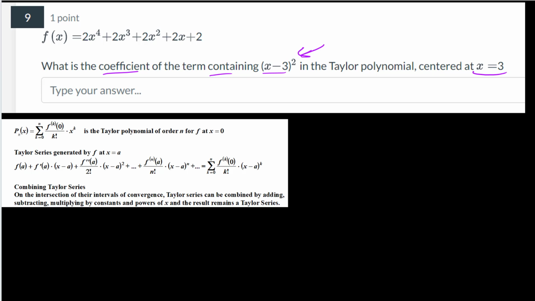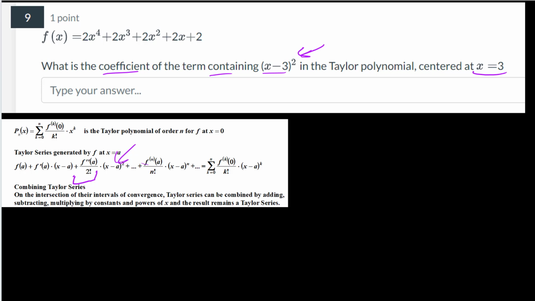All right, so here's the formula from the worksheet on Taylor series. And notice that we want to find this term right here. So that means we have to find the second derivative divided by 2 factorial. We don't have to find all the terms. I'm just asking you for one specific coefficient, the part that's out in front of the term that has the x.